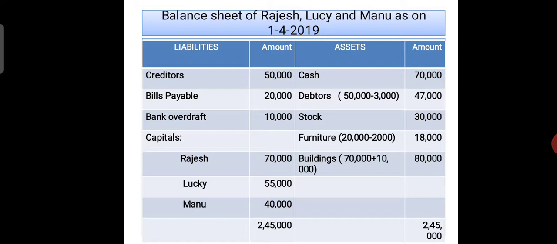After making working notes, we have to write journal entries, necessary journal entries. After that, we have to prepare ledger accounts. Next, we prepare opening balance sheet. These are the steps we need to follow to solve the problem when a partner enters into the business.